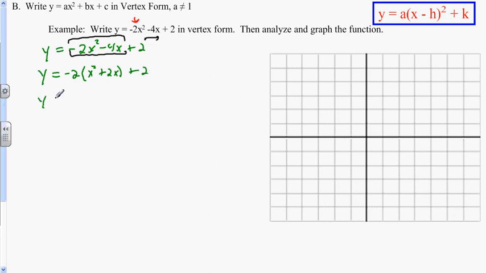Now, here's where we're going to complete the square. We have x squared plus 2x plus whatever it takes to complete. We have our plus 2, and we're going to subtract the appropriate value to keep it balanced.